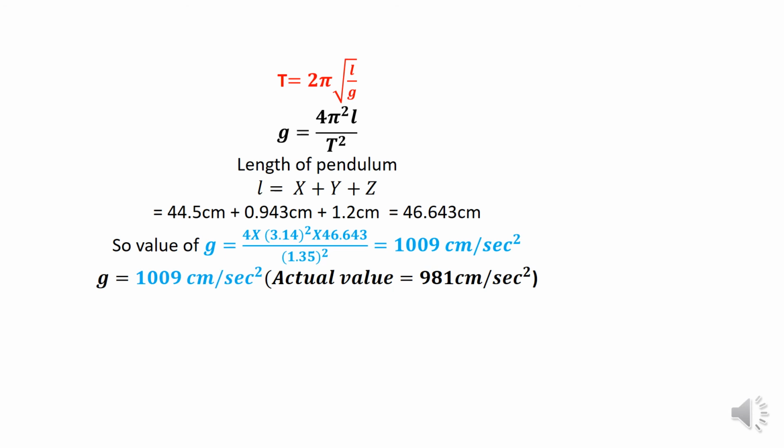So the answer will be 44.5 centimeter plus 0.943 centimeter plus 1.2 centimeter, that will be equal to 46.643 centimeter.